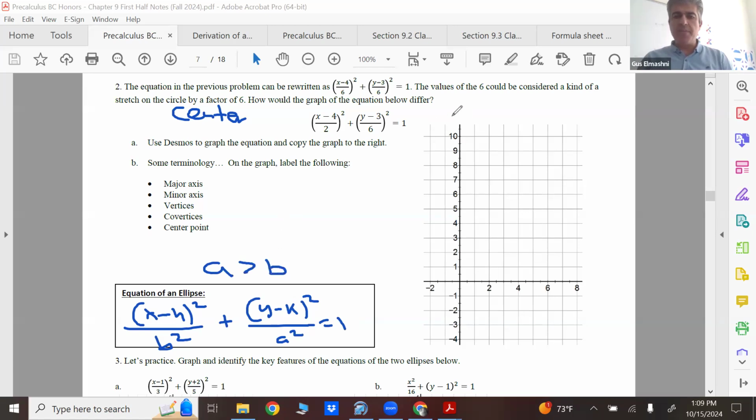So in this case, my a is going to be 6. And the major axis is going to be vertical in this case, because the denominator is bigger for y than it is for x. That's how I know that. Minor axis will be horizontal here.